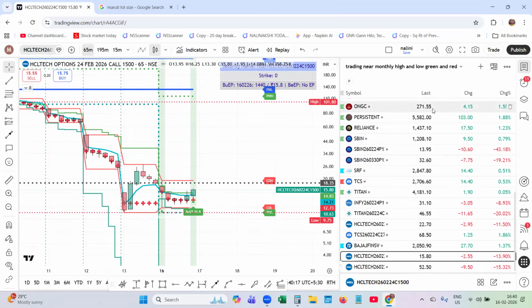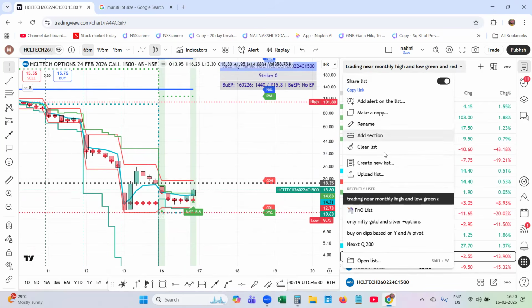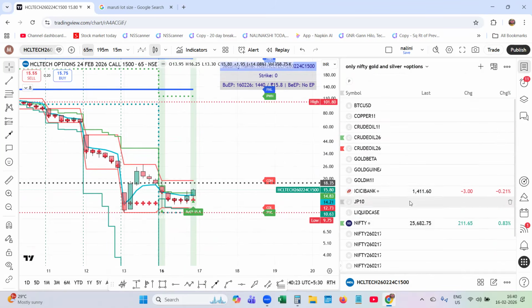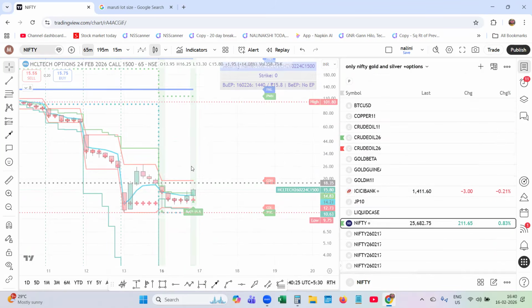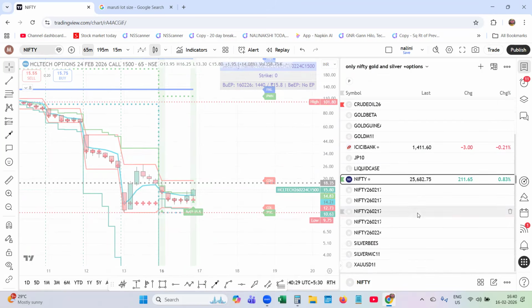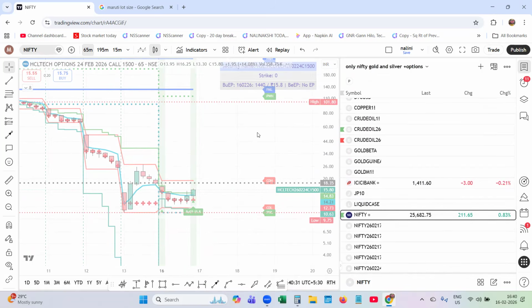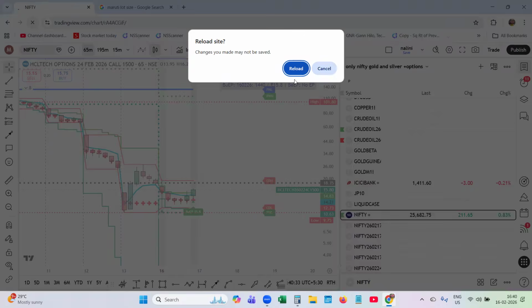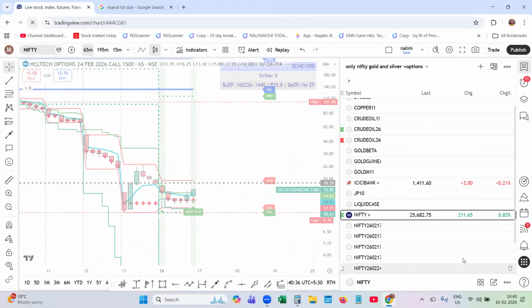Finally, I'll show you what has happened in the Nifty. Let us go to the Nifty chart. Why is it not loading? Some problem with this. Let me reload.